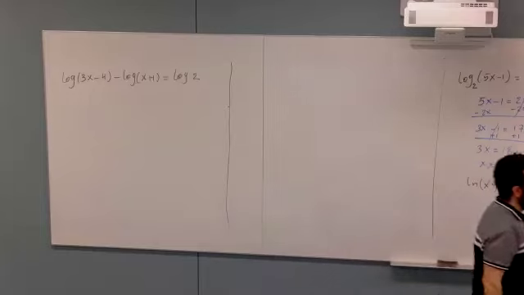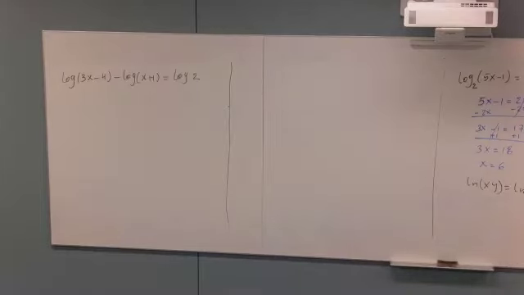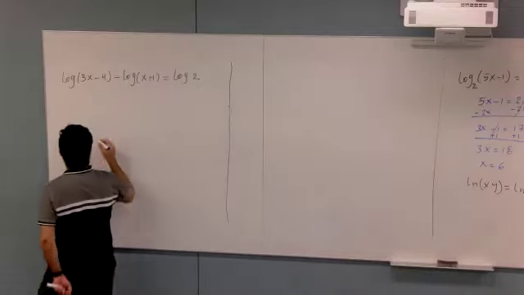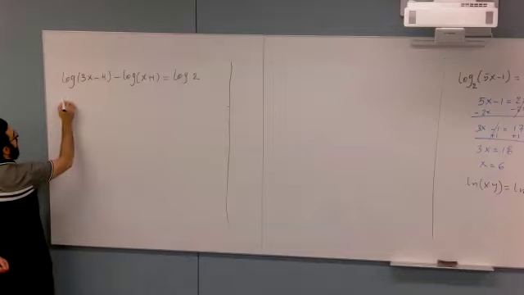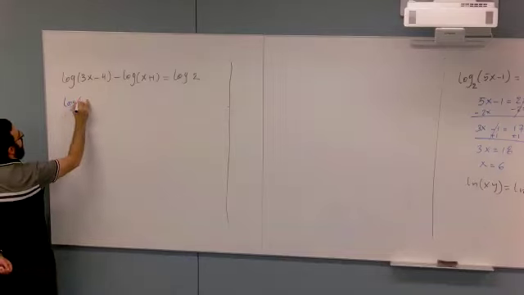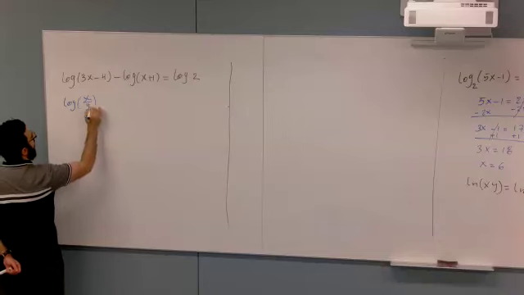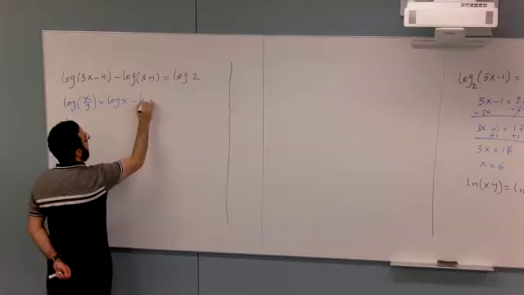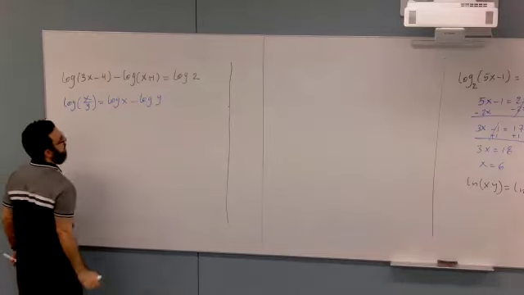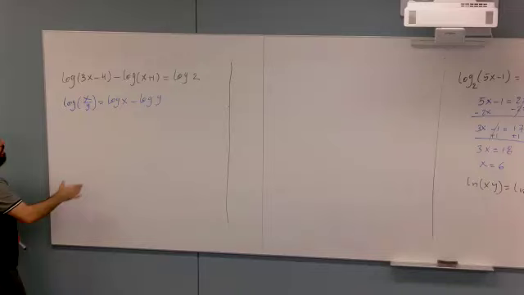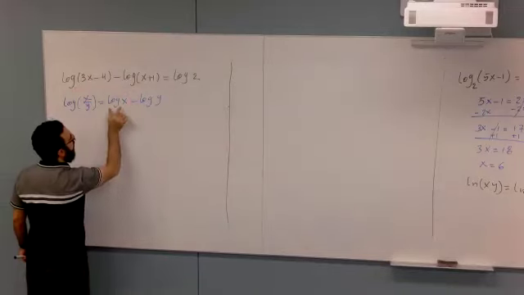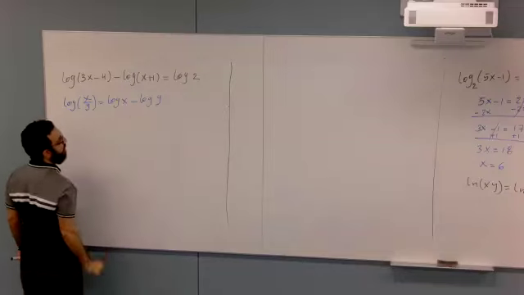The rule says the properties, if we have log of x over y, it's going to be log x minus log y, right? Now I have this side, I have log minus log, log x minus log y.